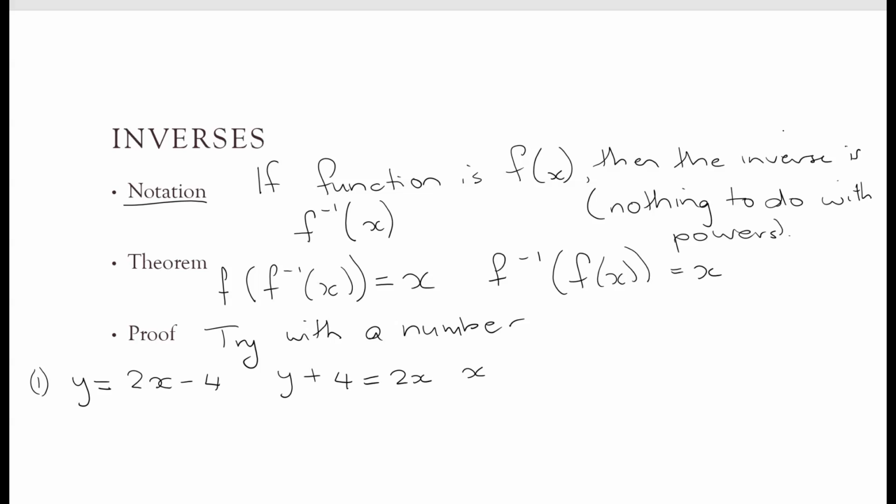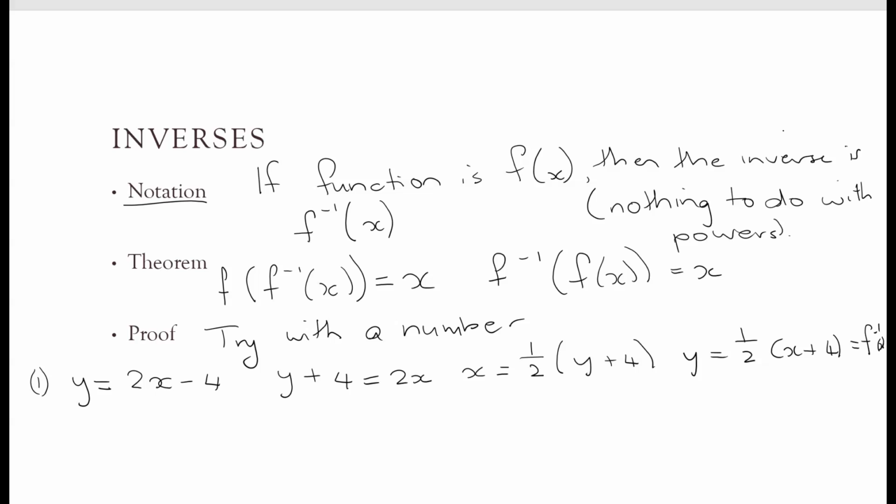So x equals a half y plus 4. And then we're going to swap the variables around. So now y equals a half x plus 4. And that is the inverse.